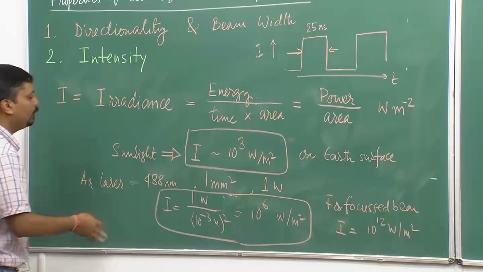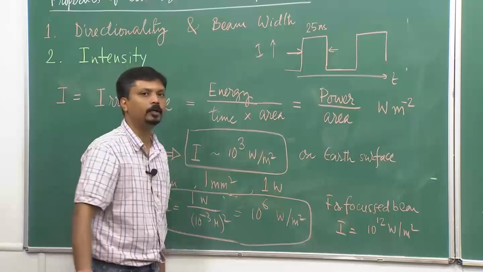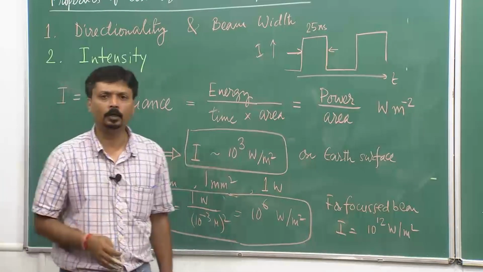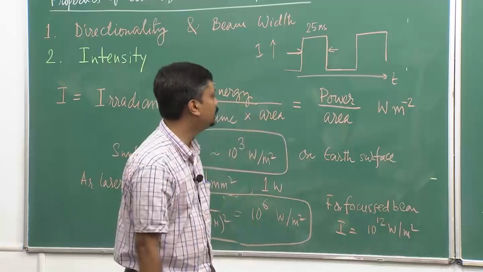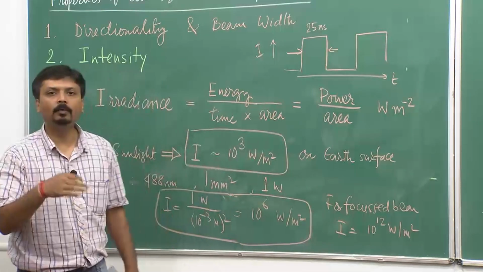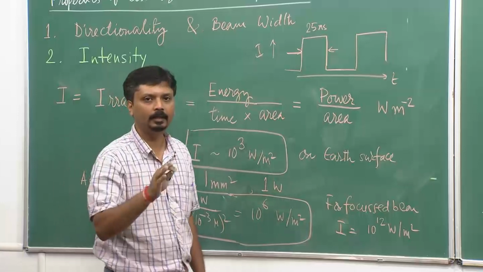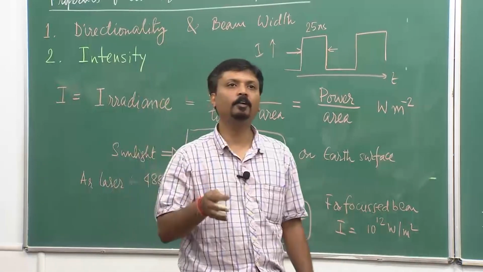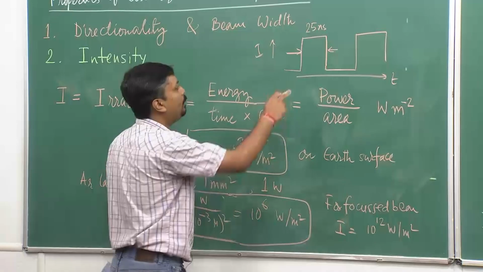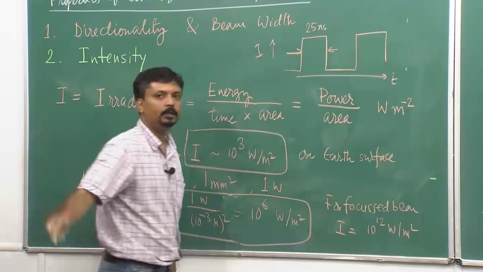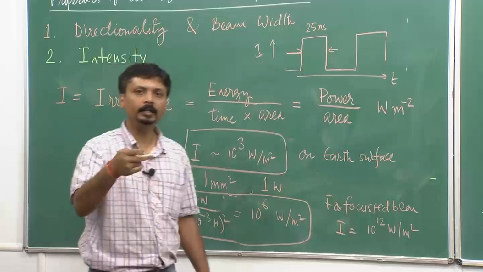If I take a typical power of say 10 watt, then we can find out the irradiance by knowing the beam diameter. The beam area of a ruby laser is slightly larger, approximately 500 millimeter square. We have to normalize with respect to this time, because power is energy per time.